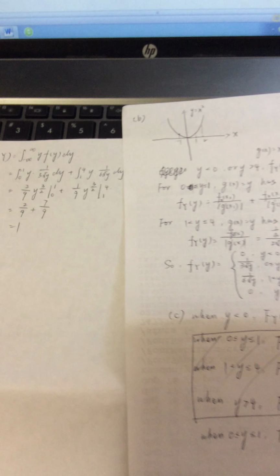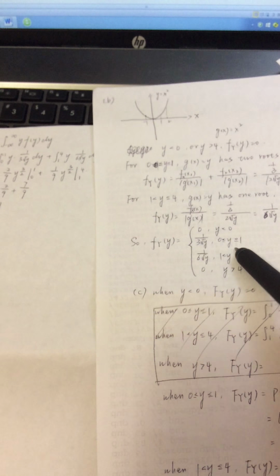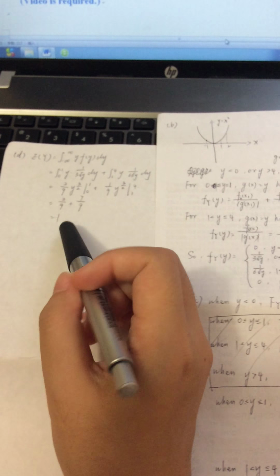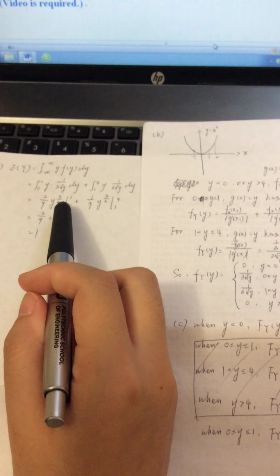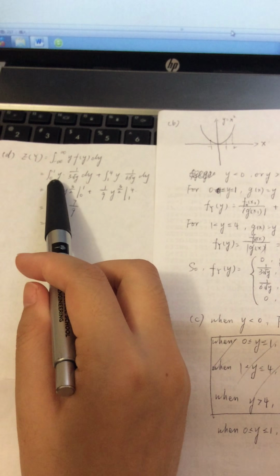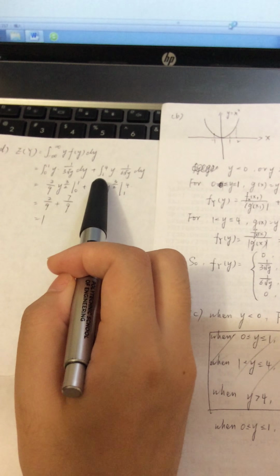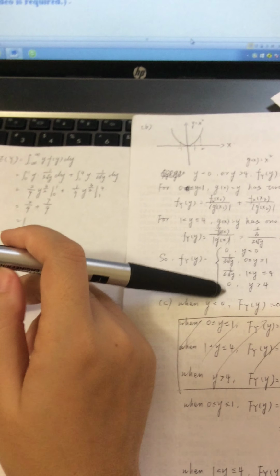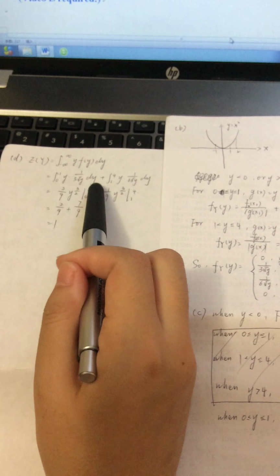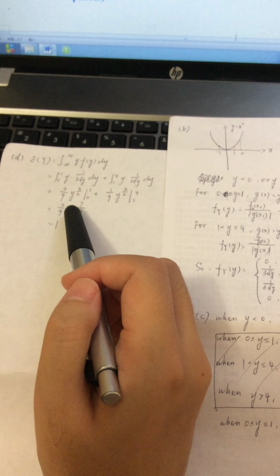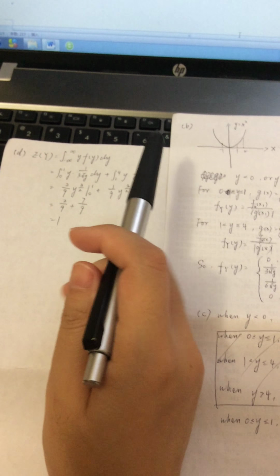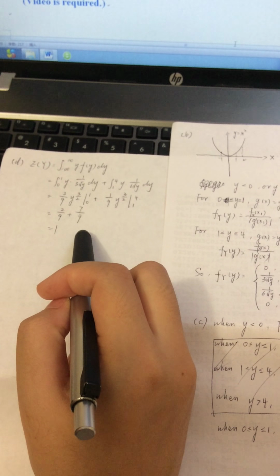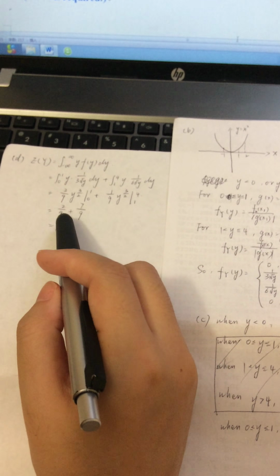Based on sub-question B, the value of f_Y, the integral has meaning only when y is between 0 and 1 and between 1 and 4. In the other ranges, f_Y equals 0. For this part, we get the value 2 over 9, and this part, we get 7 over 9. So the final value is 1.